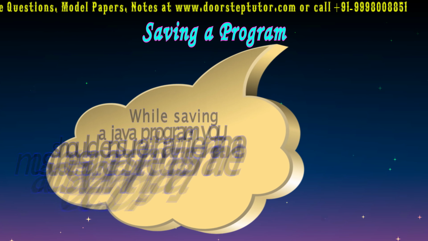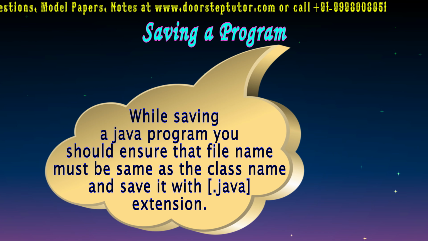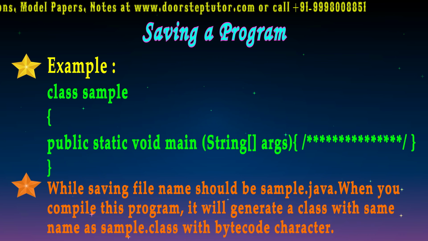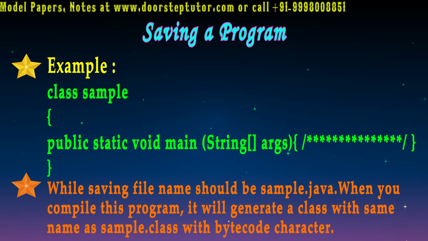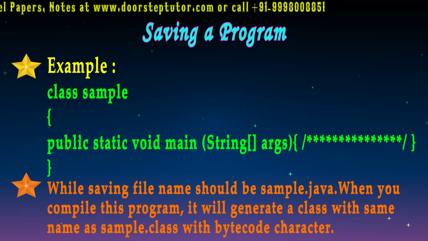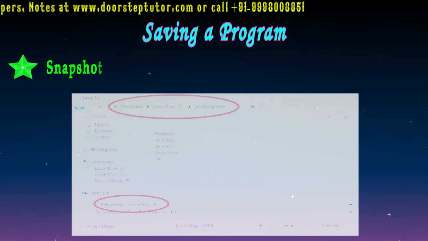We just need to save the file with the extension .java. If we compile the program, it will create a file with the program name and .class after compilation.